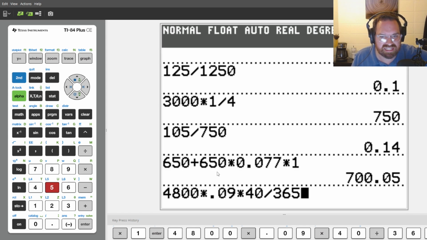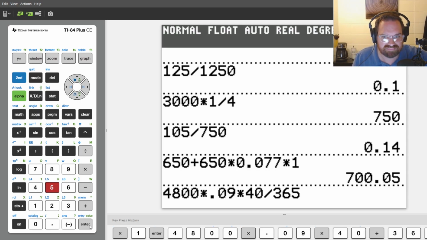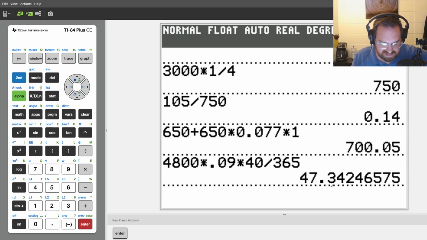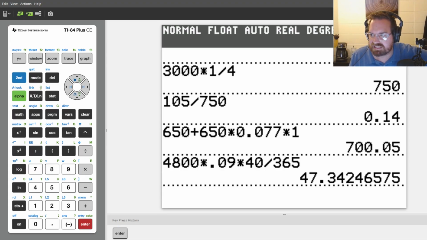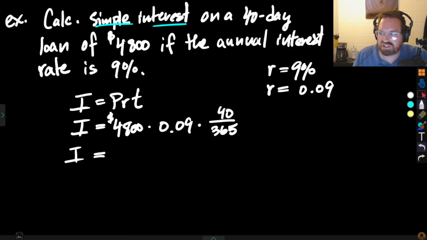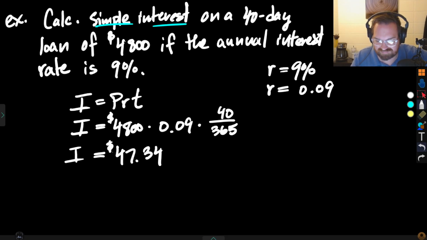It will make a difference in the answer. Just go by whatever the problem tells you to do. If they don't specify, it's 365. If they do specify that it's 360, then use 360. That's my point. Anyway, hit enter. And this is the amount of interest that I will pay on this loan. 47.34. $47.34. There it is.